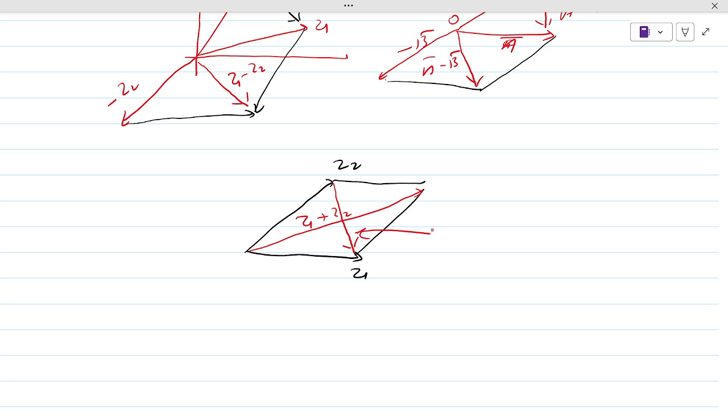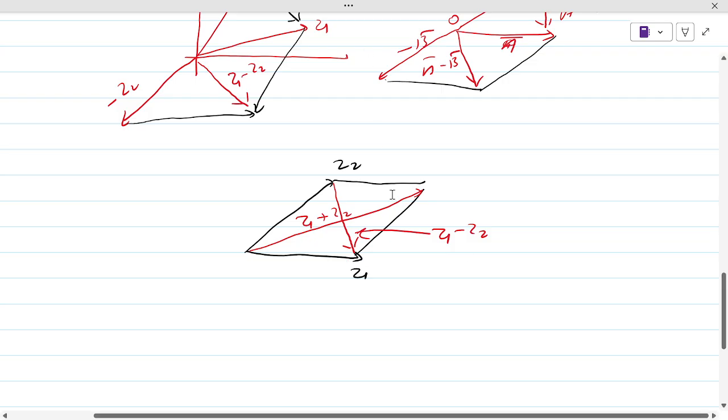So if z1 and z2 are the sides of a parallelogram, one diagonal represents the addition and the other diagonal represents the subtraction. Now let's talk about multiplication.